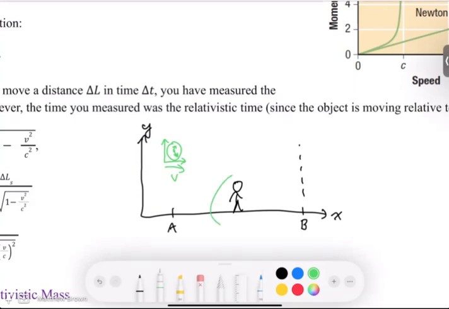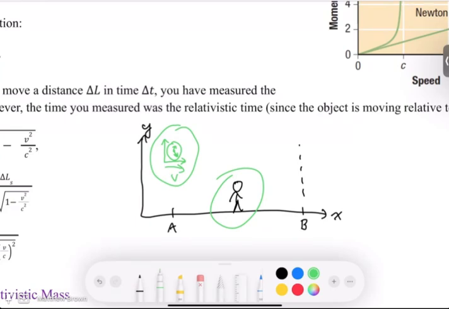If you are measuring this object, you're measuring the proper length, of course. The A and B are stationary in your reference frame, but you're not measuring the proper time. You're not measuring the time as someone at rest on top of this object. Imagine a little bug on the ball with a clock.